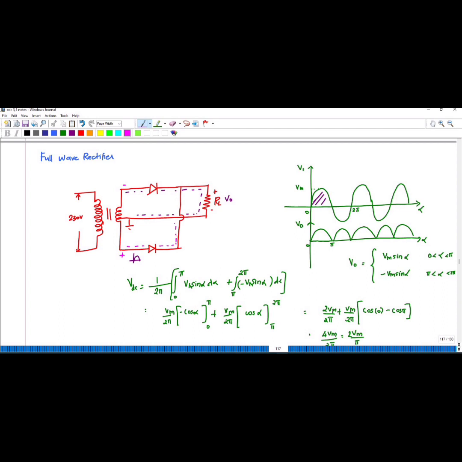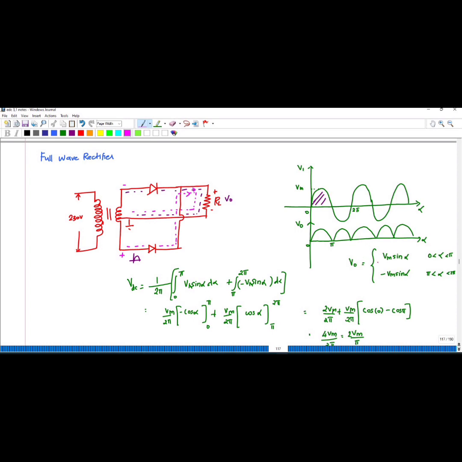So the current will flow like this, in this direction. So you can see I'm getting the output in the same direction, for the positive half cycle and also for the negative half cycle. So instead of the negative voltage, I am getting a positive value.